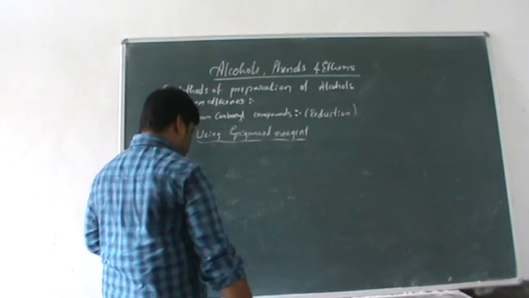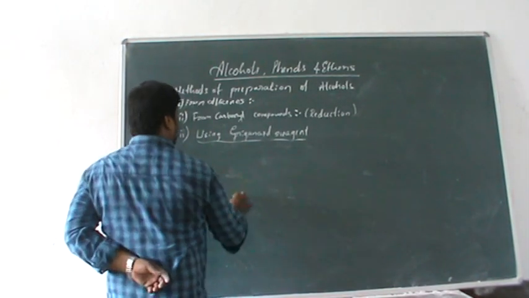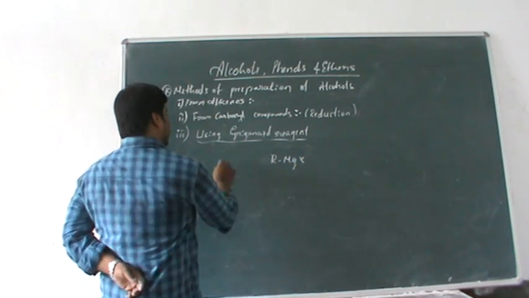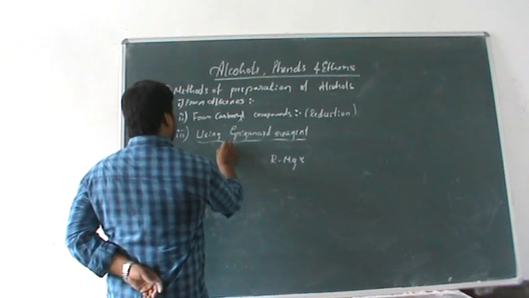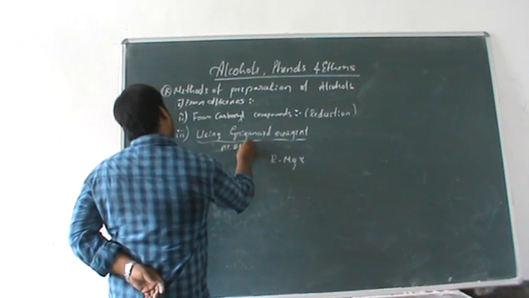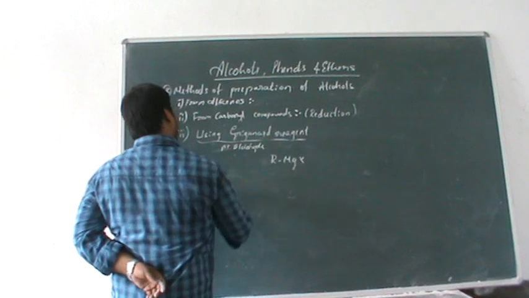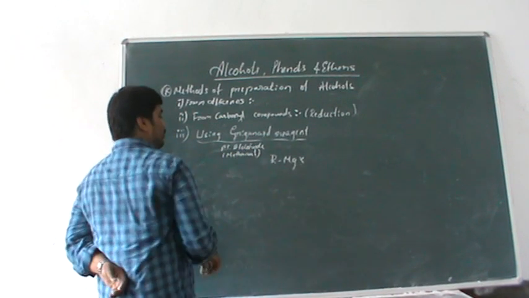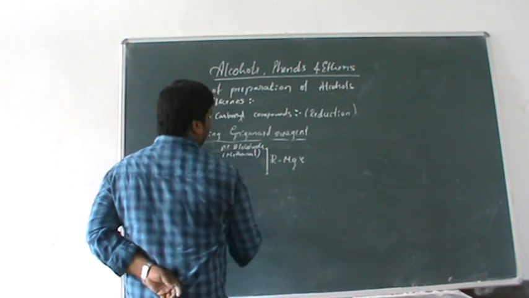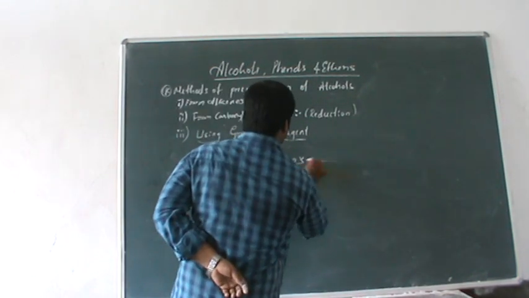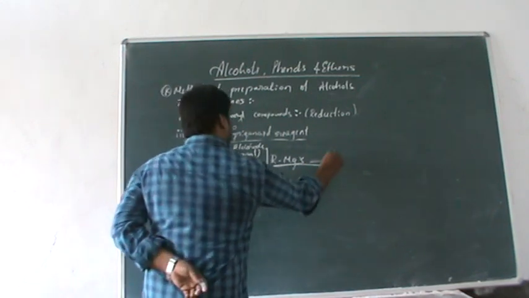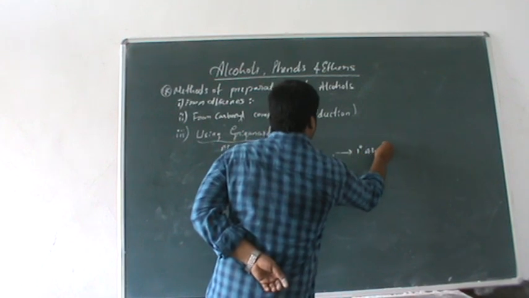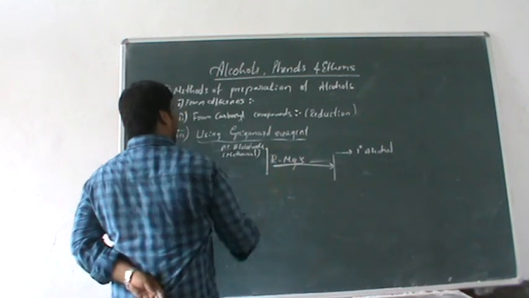The conclusion of this reaction: Grignard reagent RMgX is a common reagent. The first member of aldehyde, that is methanal, if we use methanal with Grignard reagent, then it gives the corresponding primary alcohol.